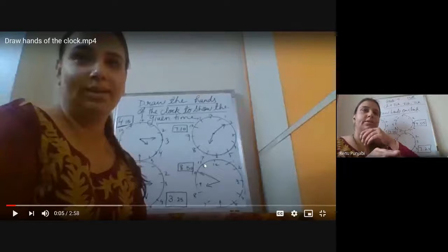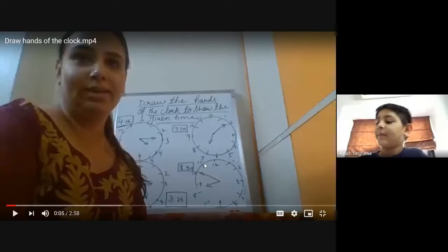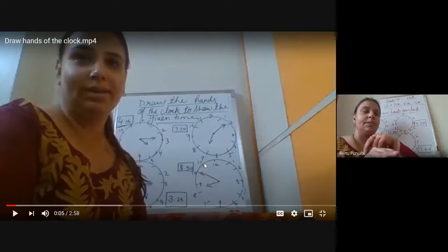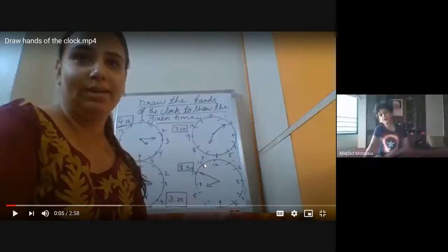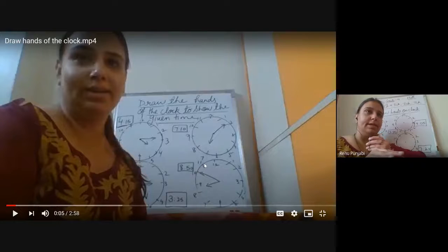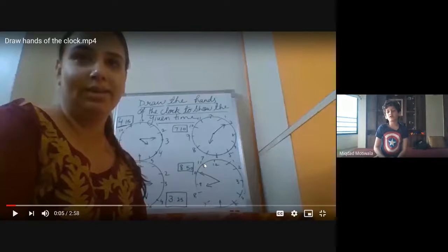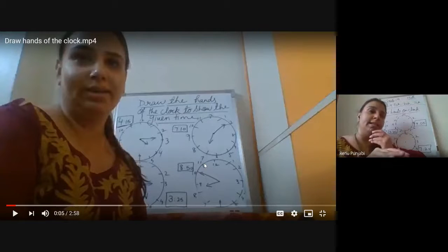Ayush, I'm not getting you. Ma'am, in real life, people use things like... maybe their concept is not clear. They have to use noon or midnight for 12. Ma'am, I have a question. Yes, tell me, my dear. Ma'am, before 12 noon, that is AM.